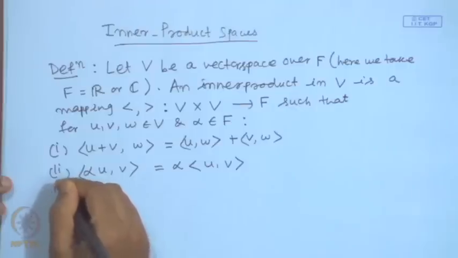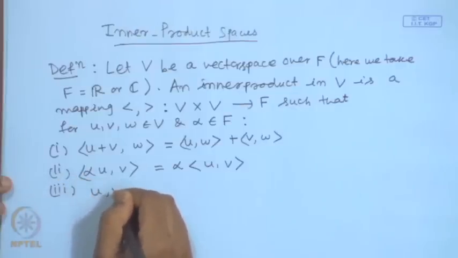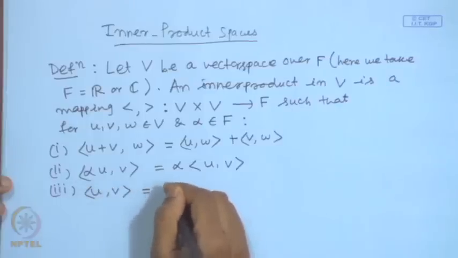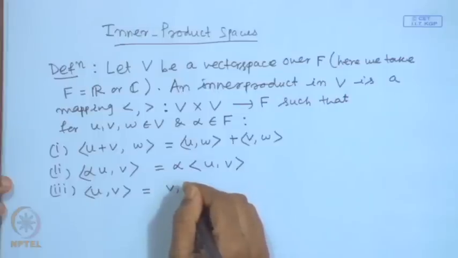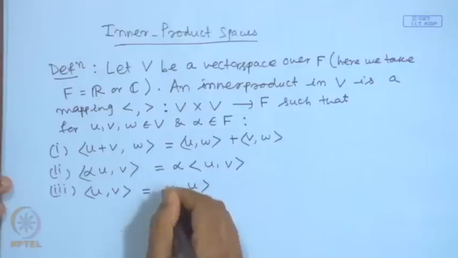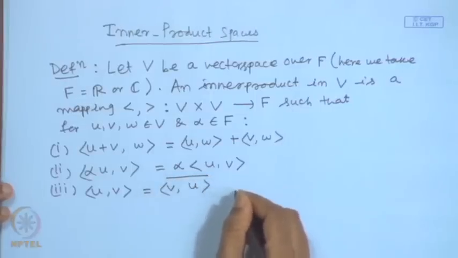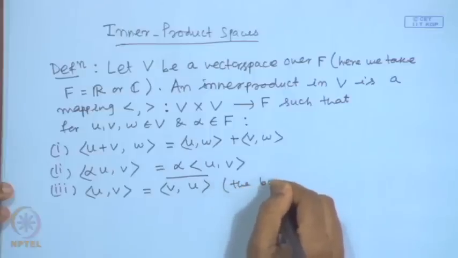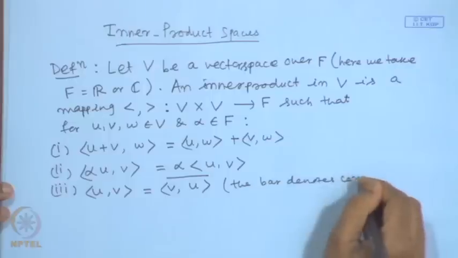Third axiom is that the inner product of u, v is equal to, if we change the order of the vectors, the inner product of v, u its complex conjugate. Here the bar denotes the complex conjugate.